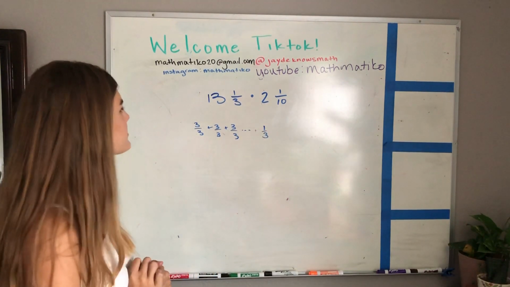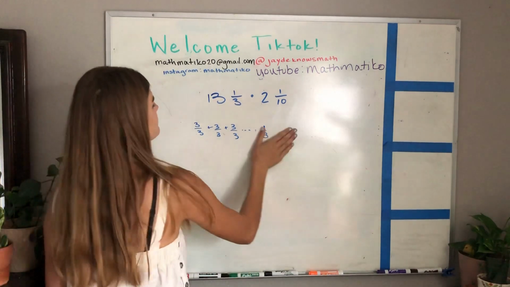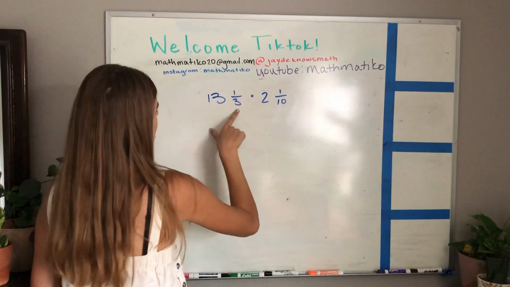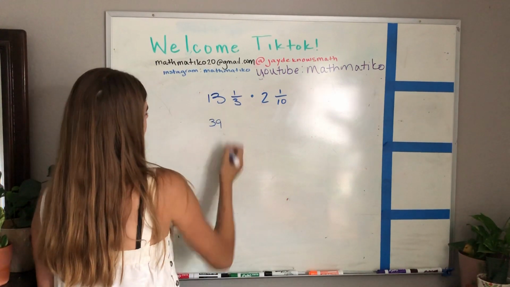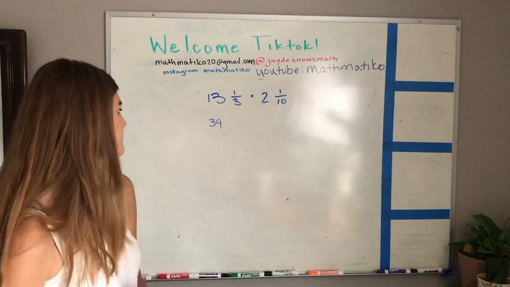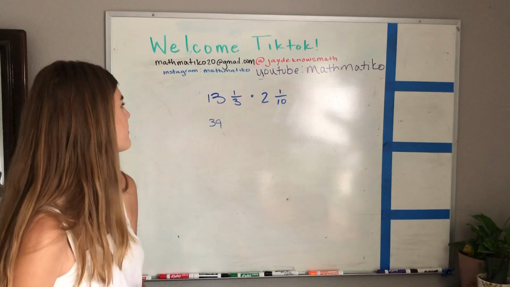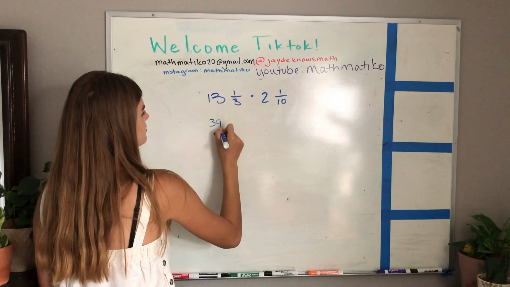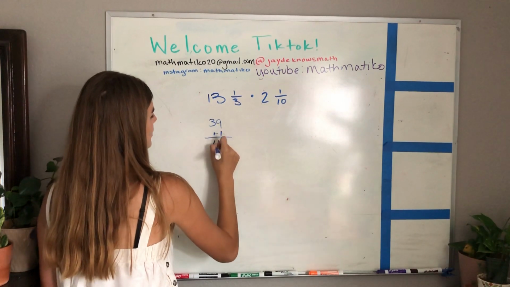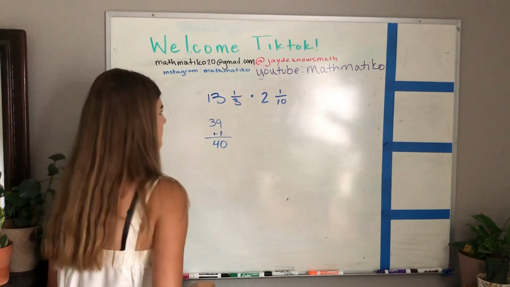So how do we represent this as an improper fraction? We're going to multiply 3 by 13. It's going to be 39. So we have 39, plus this remainder, which is 40.